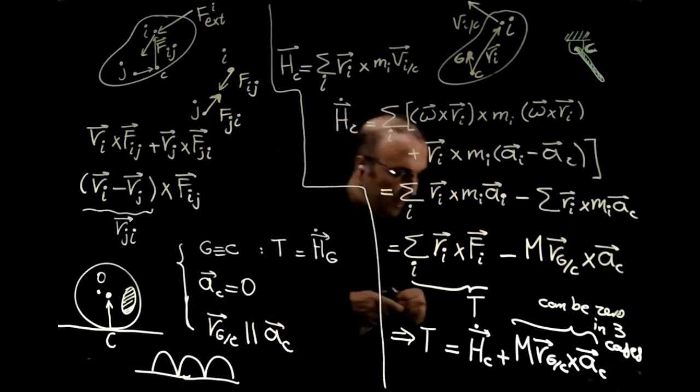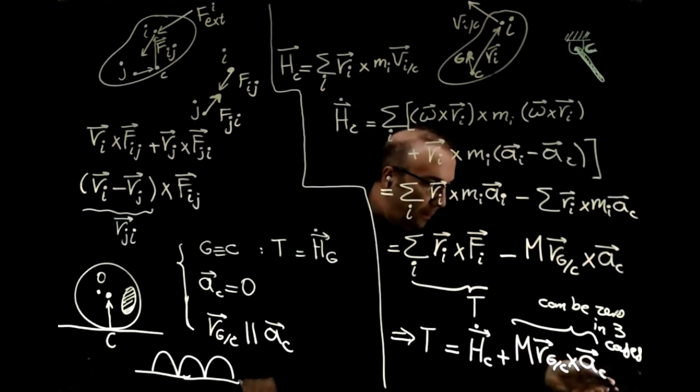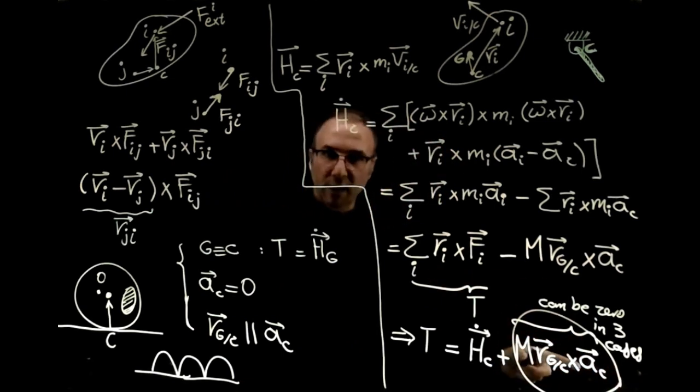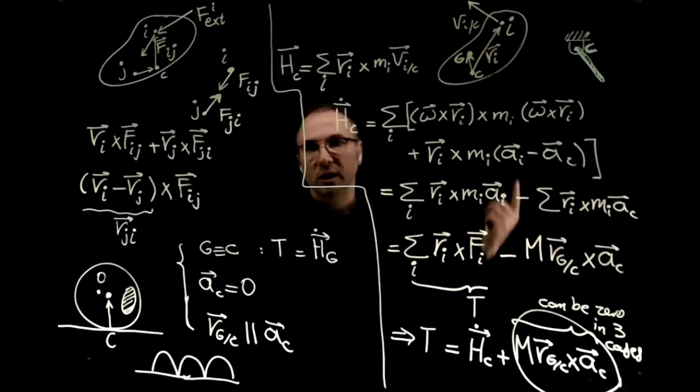So I would say that you can forget about that if you write total moments or moments of forces, torques around the center of mass equals the rate of change of angular momentum around the center of mass or a stationary point.